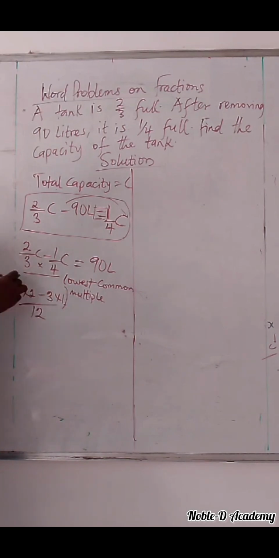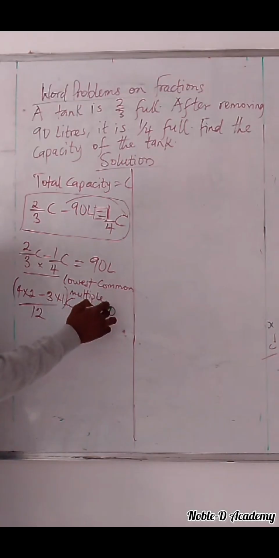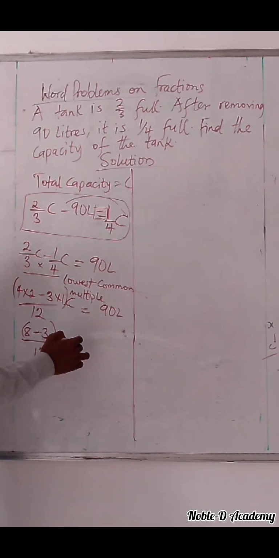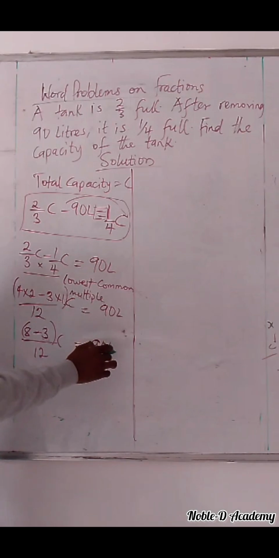And then we put in brackets C, because C is a common factor in these two terms. It is equal to 90 liters. This is going to give us 8 minus 3 rather, 3 times 1 is 3, divided by 12 bracket C, is equal to 90 liters.